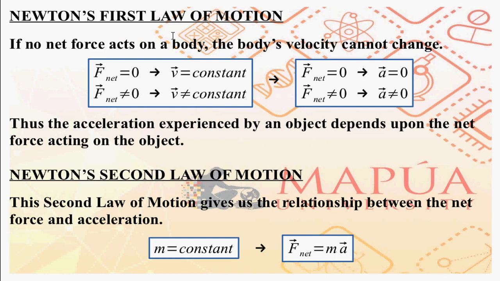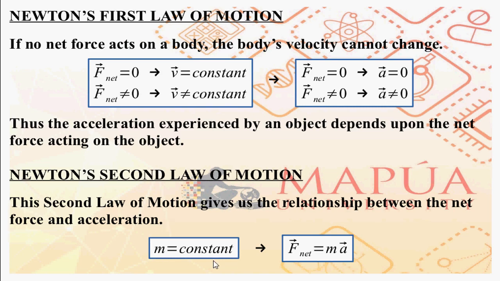If the first law of motion implies the relationship between net force and acceleration of the object, Newton's second law of motion gives us the relationship between the two quantities, between the net force acting on the object and the resulting acceleration of the object.